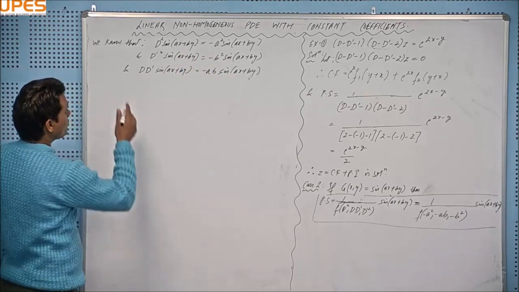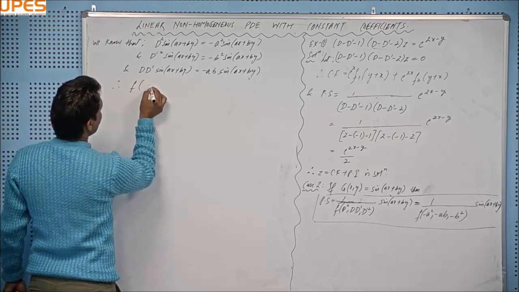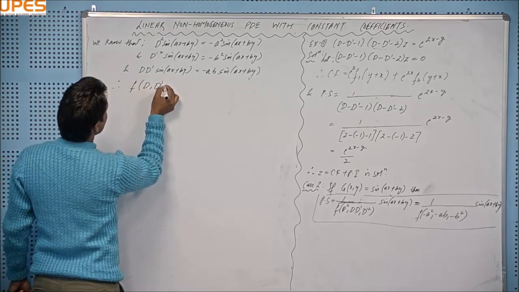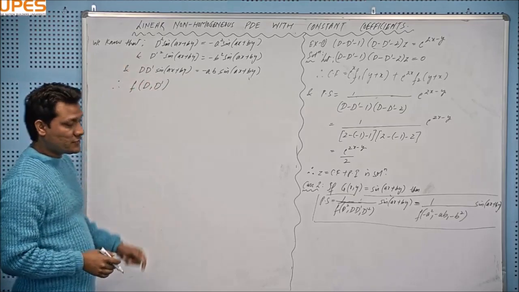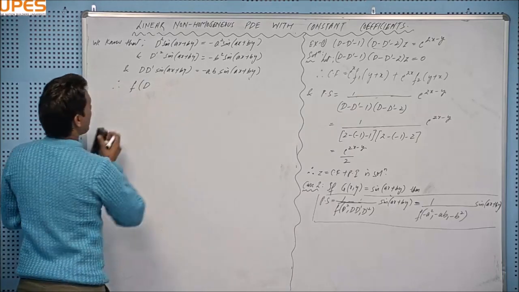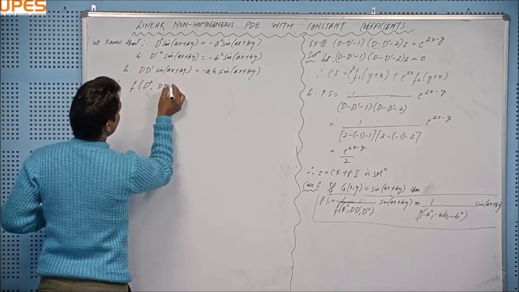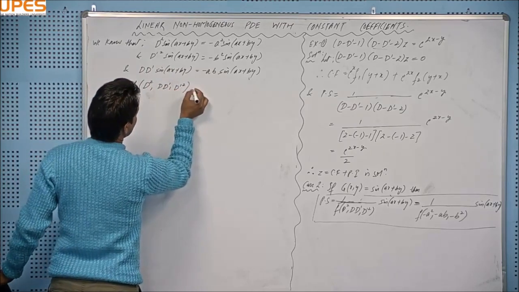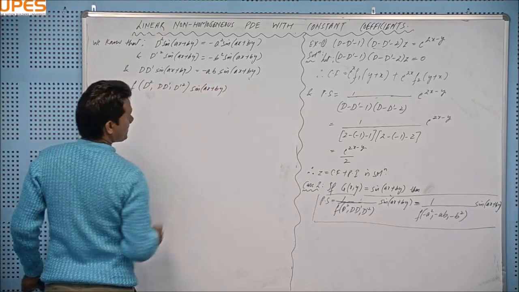So in order to generalize it, we can write it as f of, not D comma D dash this time, this is wrong, because we can generalize for second order derivative, right? So this time it should be f of D square, then this mixed derivative D D dash, and then D dash square, of sine of ax plus by.